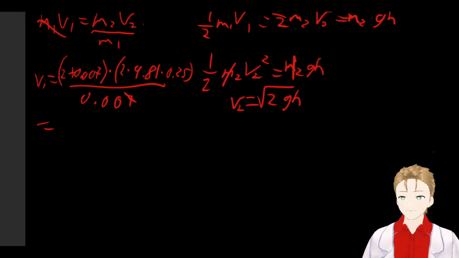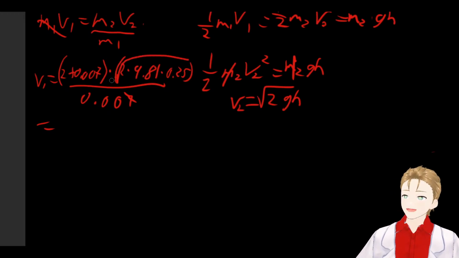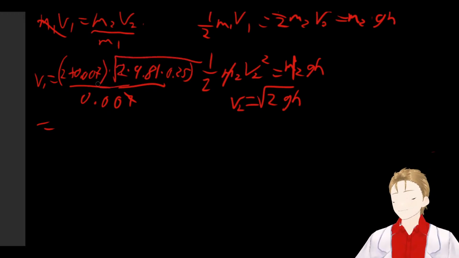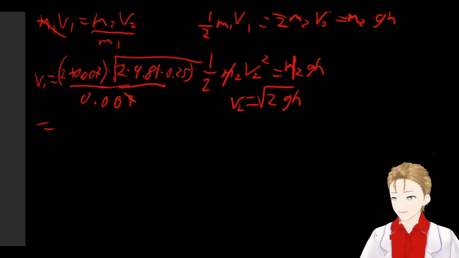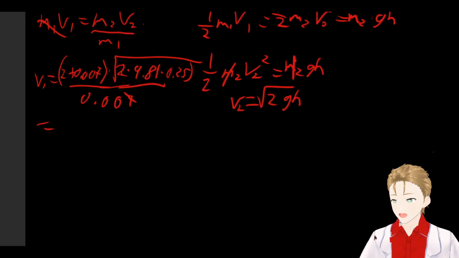Anyways, oh wait, it's in the square root, right? Not squared, but square root. You take the square root of this. Yoink, yoink, and yoink. So it's the square root of 2 times 9.81 times 0.25 divided by 0.007, right?